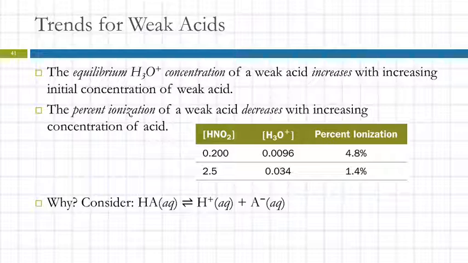Well, let's just look at the second example there, where we've got 2.5 as our concentration, essentially 0 and 0, and then we've got minus x and plus x and plus x. And so 2.5 minus x, x and x.